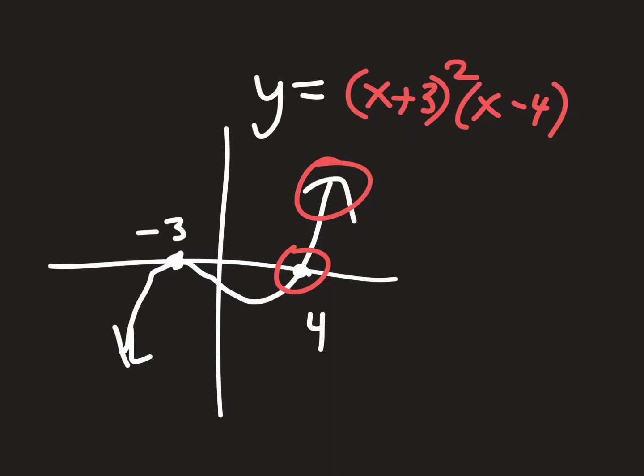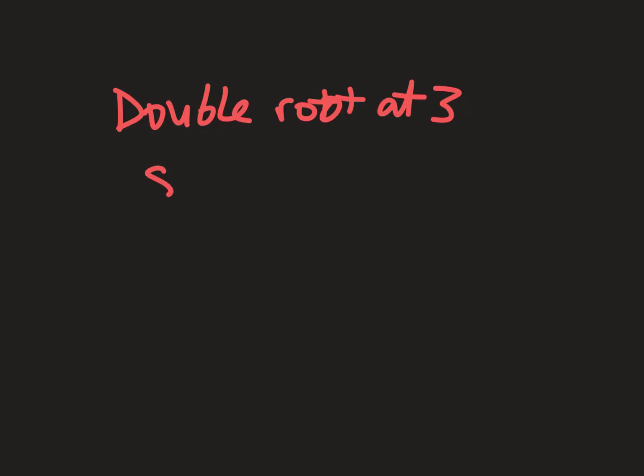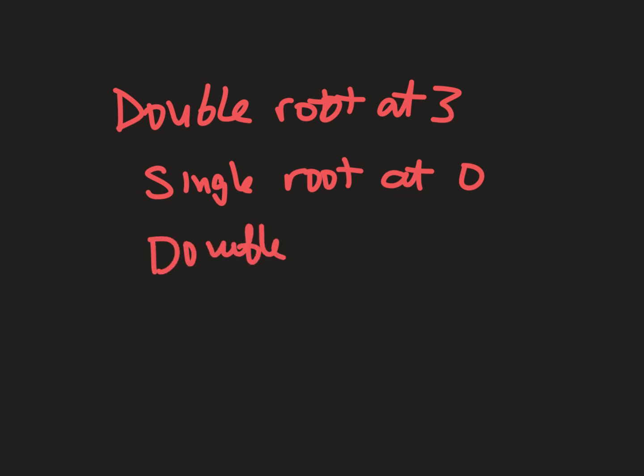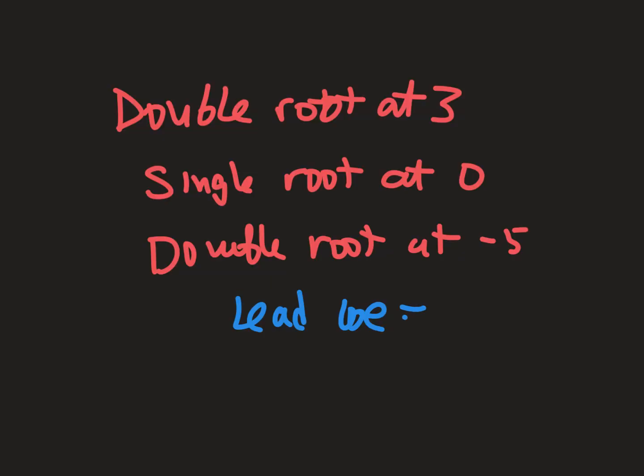What if I just gave you verbal or written clues, and I said, like, well, there's a double. You don't have to write this down, but you have to tell me the equation for it. Here's a double root at 3. There's a single root at 0. And there's another double root at -5. Oh, and by the way, the lead coefficient is -1.